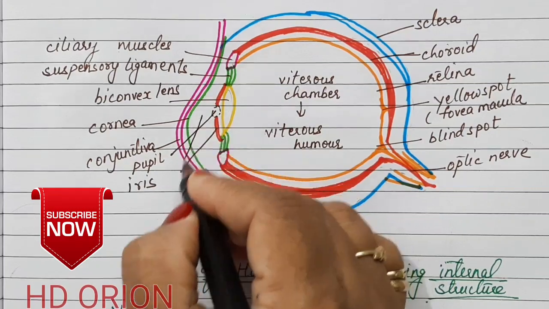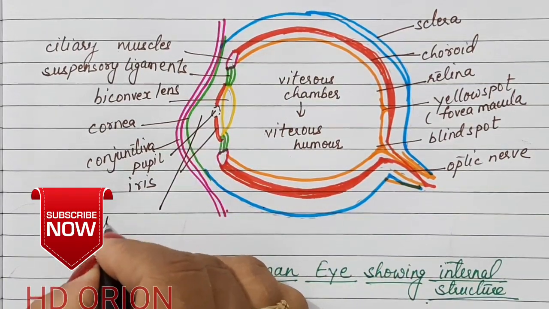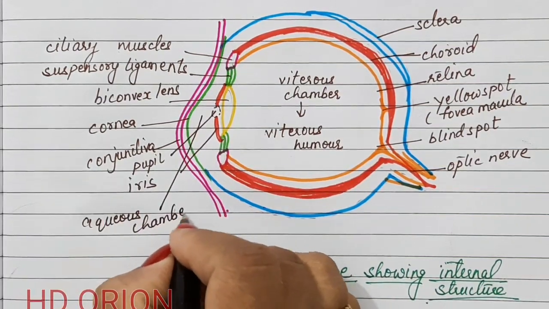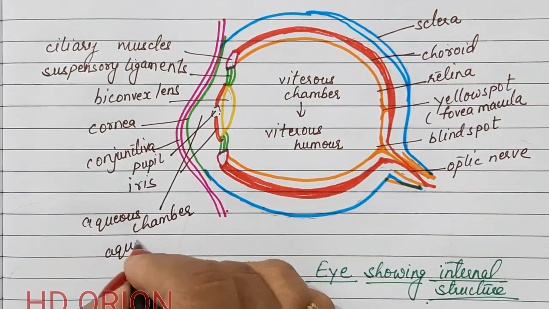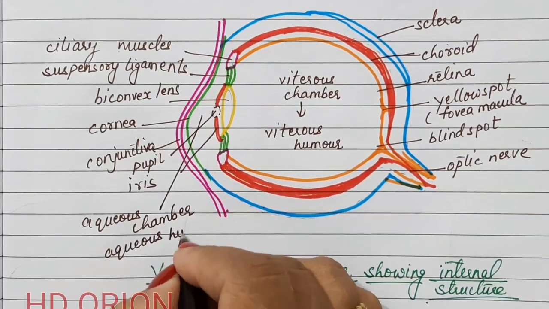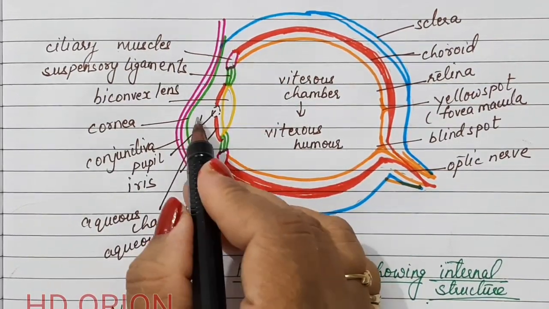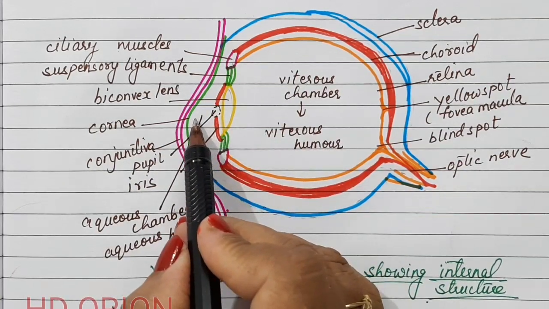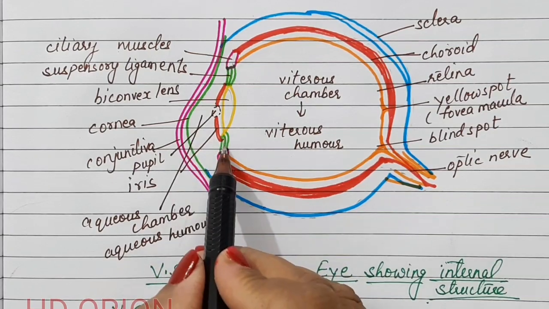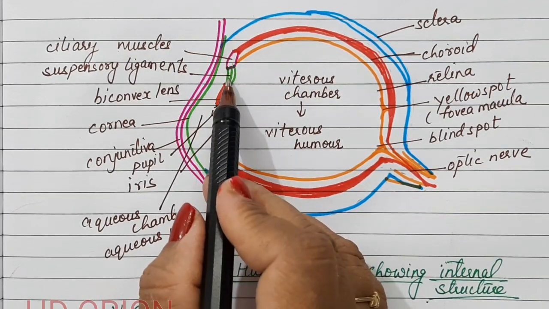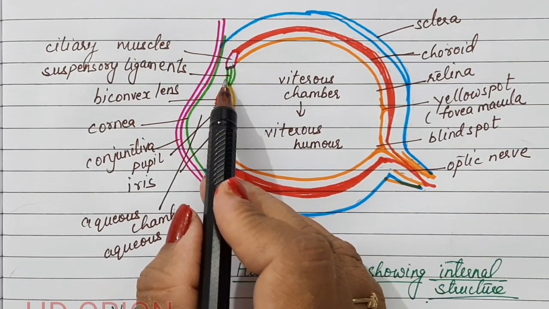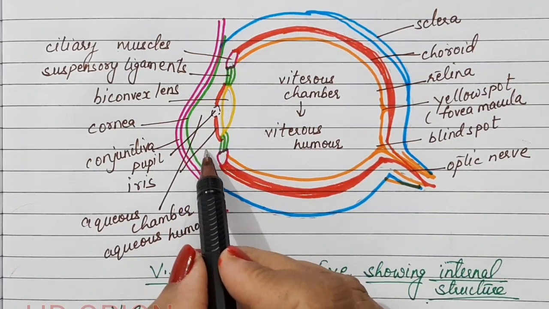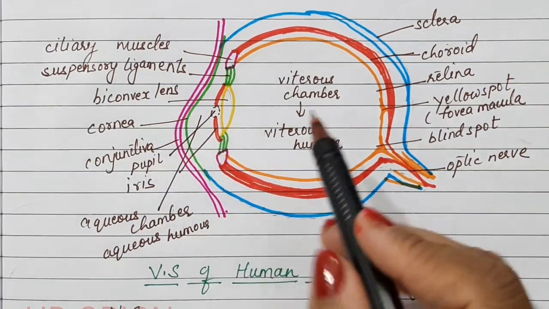This chamber is known as the aqueous chamber, and it is filled with aqueous humor. This is a watery liquid. Vitreous humor is jelly-like material and aqueous humor is watery liquid, and this is secreted by the ciliary body. The ciliary muscles, which are made up of radial muscles, help in secretion of the aqueous humor, which is the watery liquid in the front.